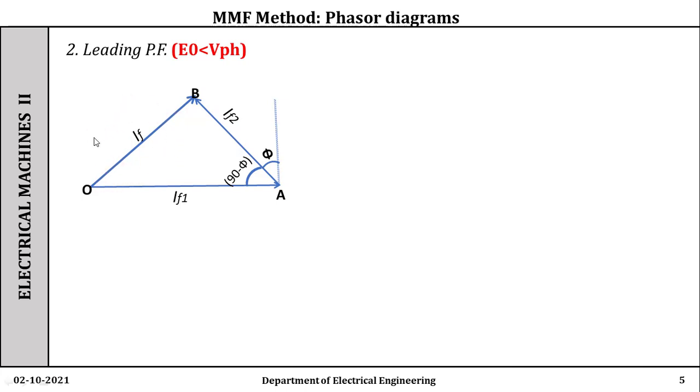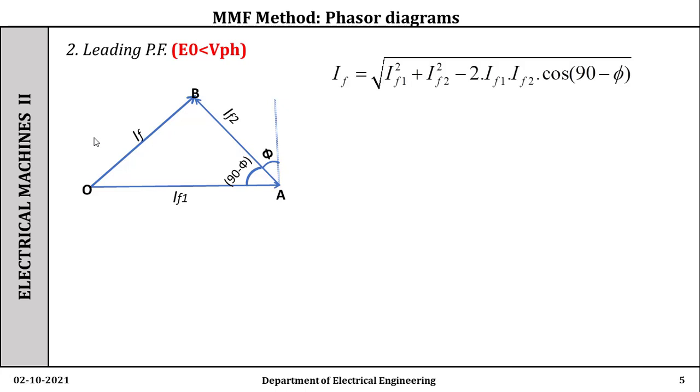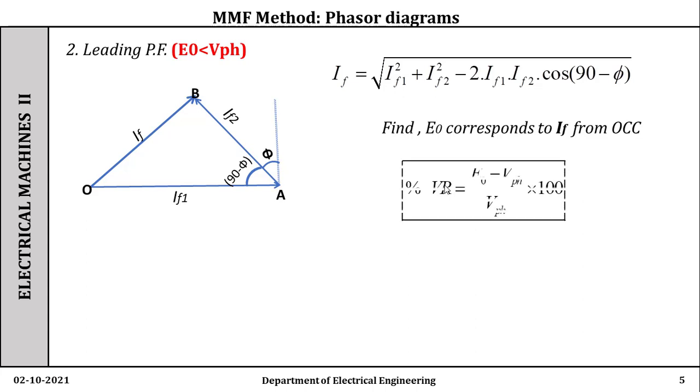Now once you have the resultant field current, see how to use the formula. We know the two sides, IF1 and IF2. Therefore, IF equals the square root of IF1 square plus IF2 square minus 2 times IF1 IF2 into cosine of the angle between them. In this case, the angle between them is 90 minus phi, and therefore once you obtain the resultant field current, find E0 corresponding to this field current from the OCC.